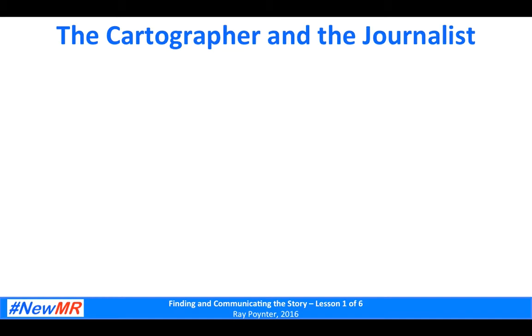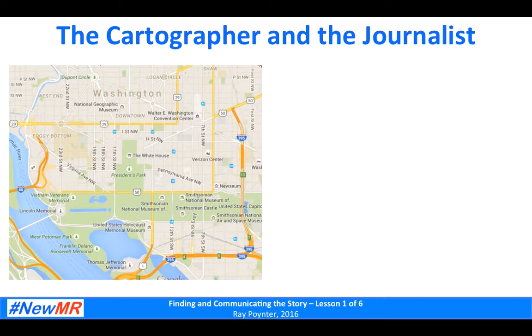Now, I draw this analogy about the cartographer and the journalist and their different missions. The map maker doesn't know how the map is going to be used. People will have different journeys starting at different starting points with different destinations for different purposes. They will be on bicycles, they will be in cars, they will be walking.